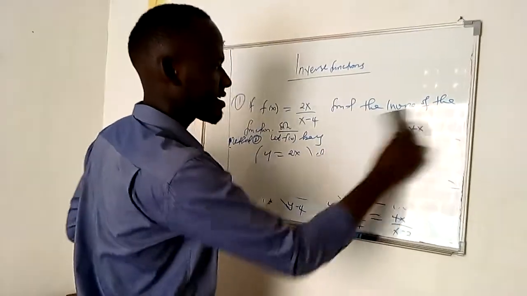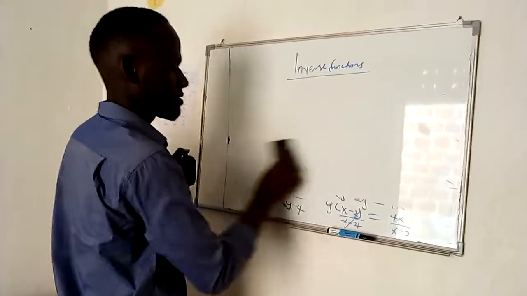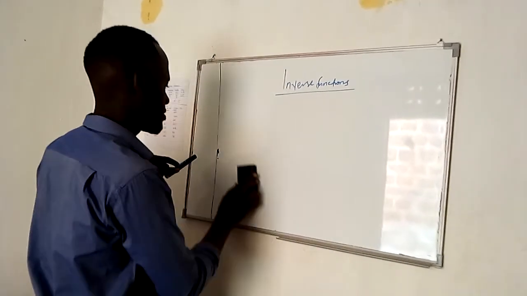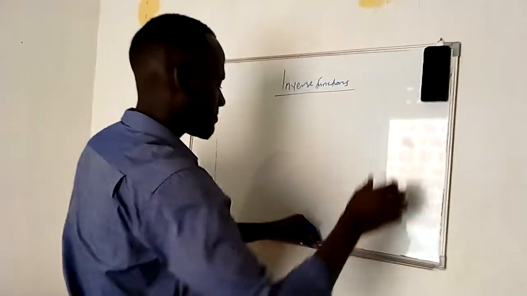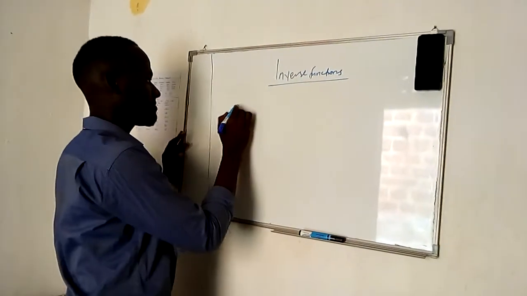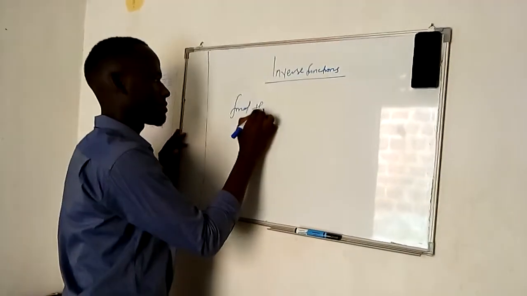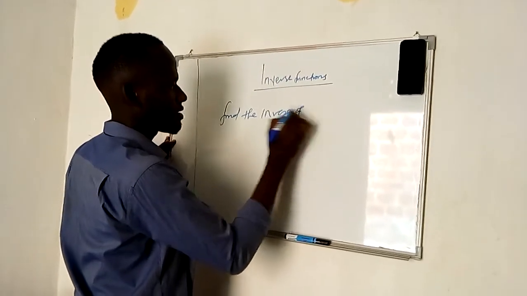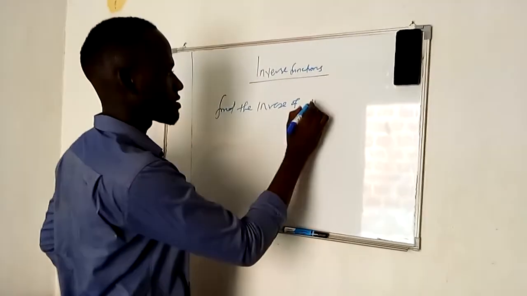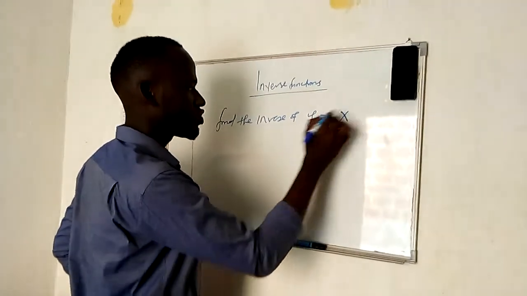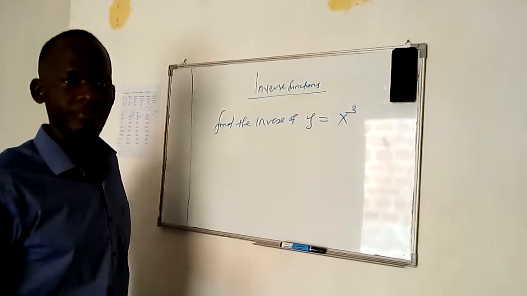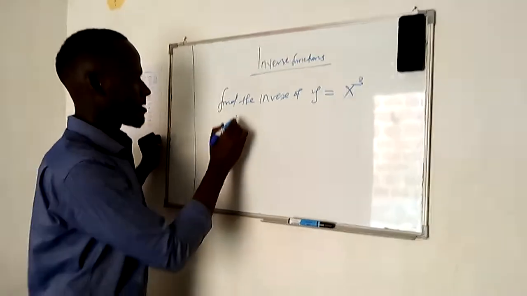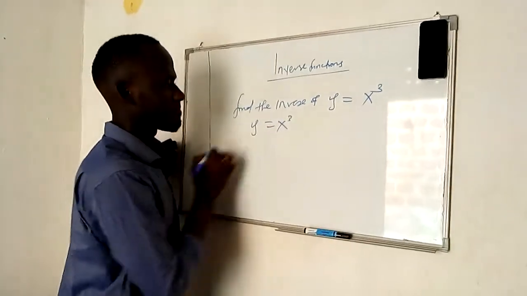So we have another issue. When you're given this big problem, you're like, find the inverse of y is equal to x cubed. Let us begin with x cubed. So here what we do is we say y is equal to x cubed.